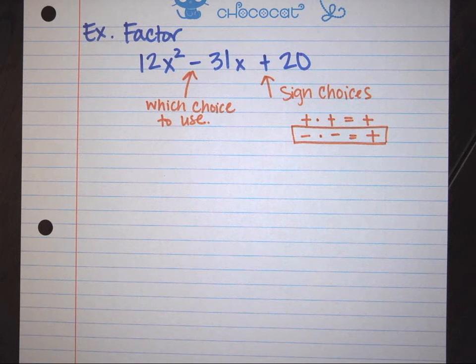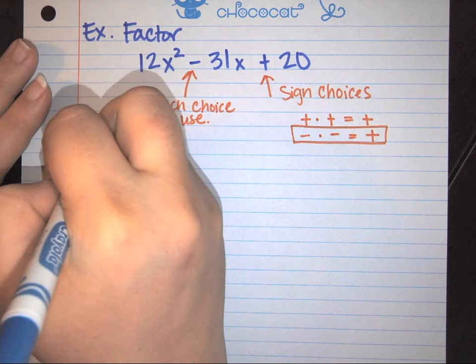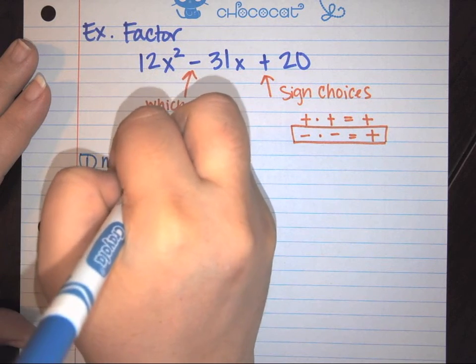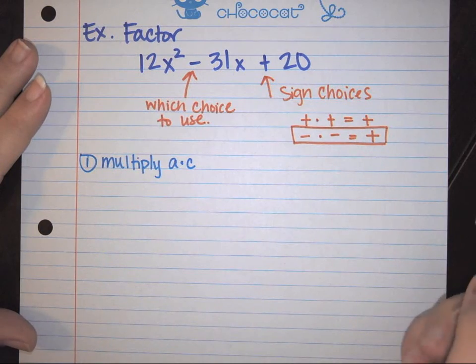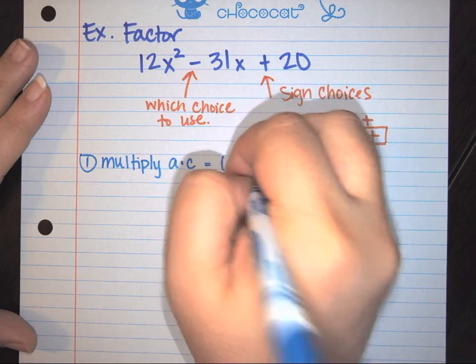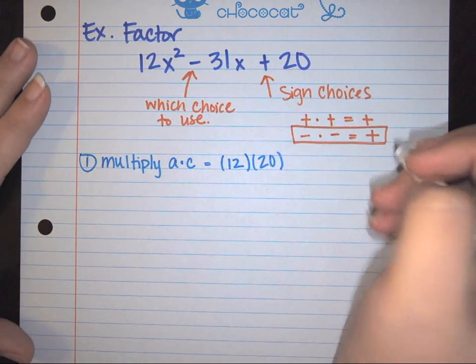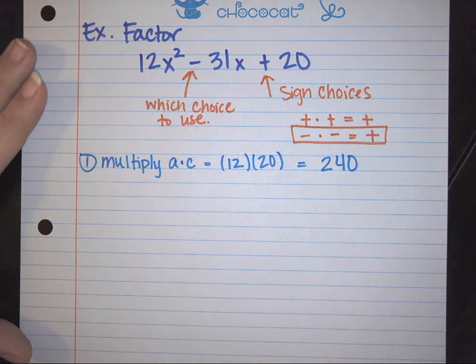So I have to look at my first step. My first step here is that I need to multiply a times c. So in this instance, my a is 12, my c is 20. So when I multiply those, I get 240 as a result.